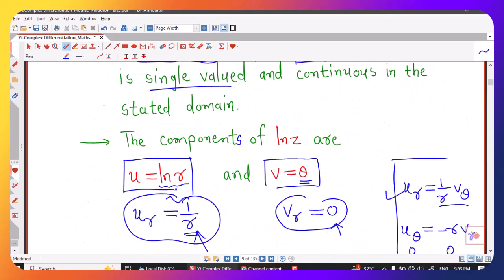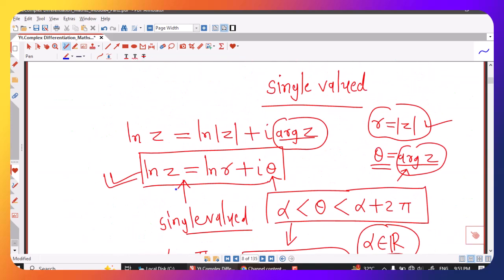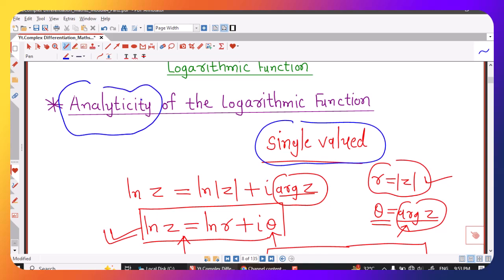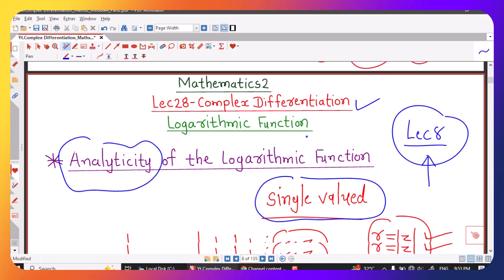So here we have discussed the analyticity of the logarithmic function by making it single valued by restricting the domain, and we have proved the analyticity using Cauchy-Riemann equations in polar form. If you recall, we have discussed Cauchy-Riemann equations in polar form in lecture number 8 on complex differentiation.